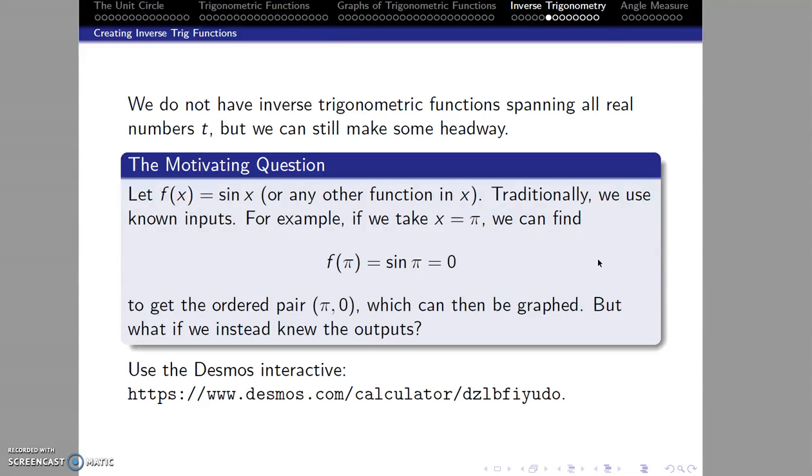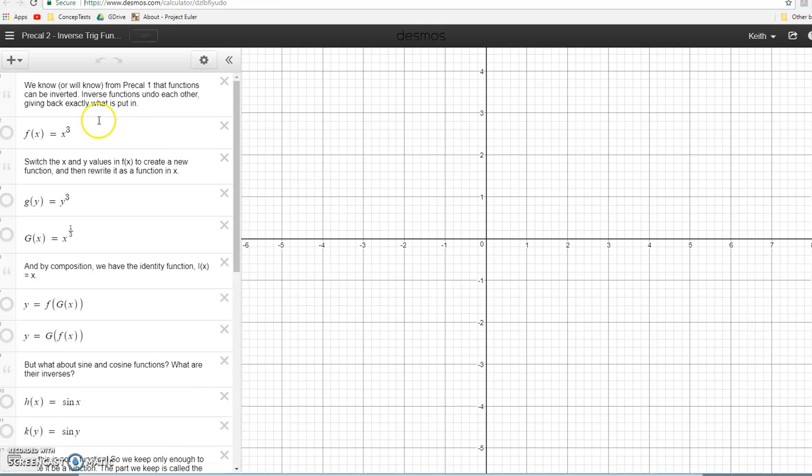All those integer multiples of pi would have a sine value of 0. But even though there's infinitely many possibilities, they do still have some nice relationships that we'll look into. So, to kick us off today, we will start briefly mentioning how we would invert a function.